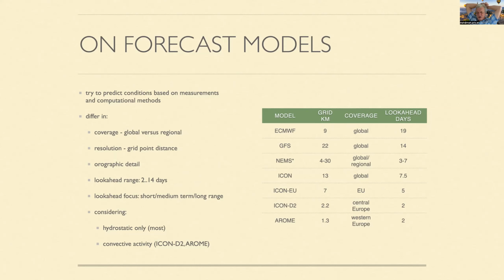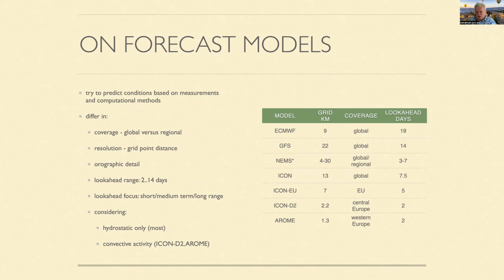A forecast model tries to predict the weather conditions, starting from measurements and applying computational methods going forward. These weather models, there are many of those. I'm just listing the ones here which are applicable in the greater European theater, if you will.